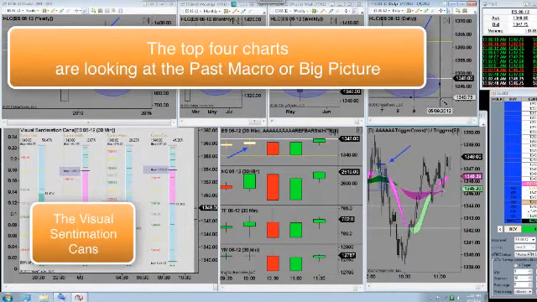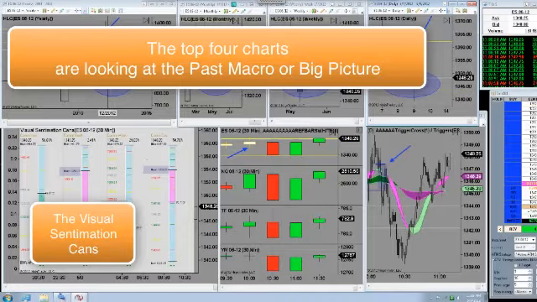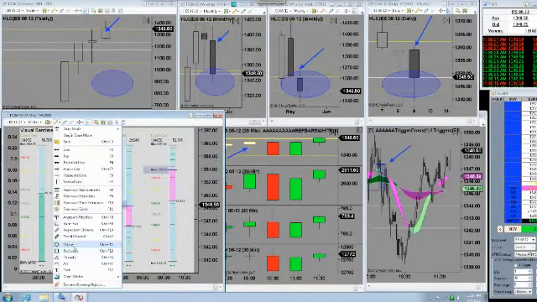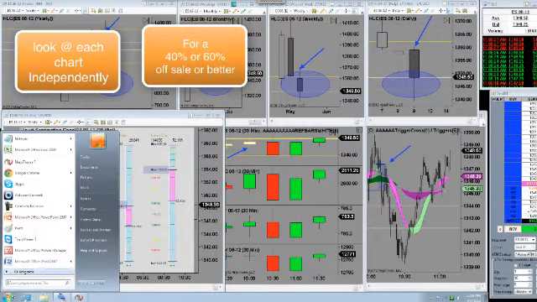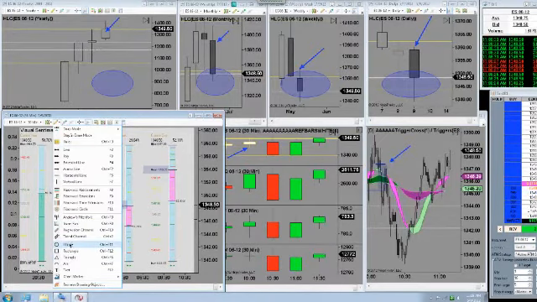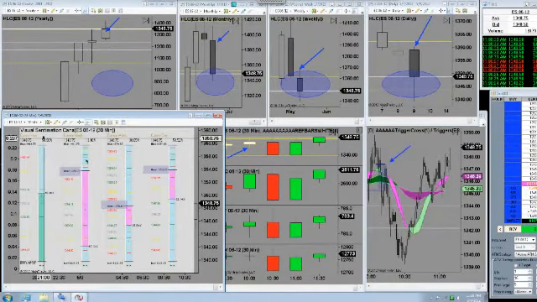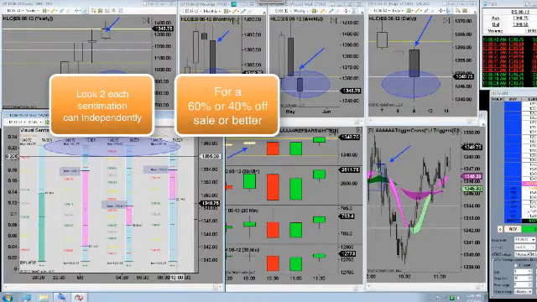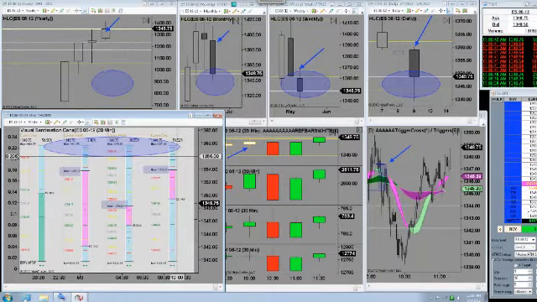So we look at this collectively. If the big picture tells us we're at a point in the market that is an interesting point, or a point where we feel that the market is going to make a move, so to speak, each one of those blue circles that I've just drawn is the big picture.